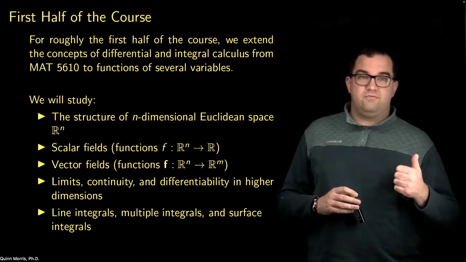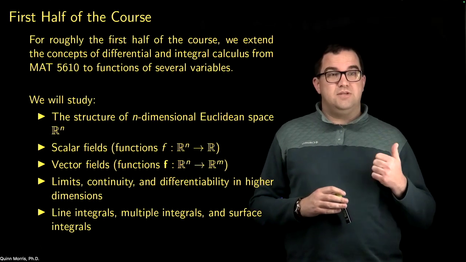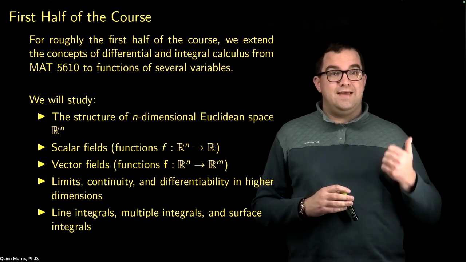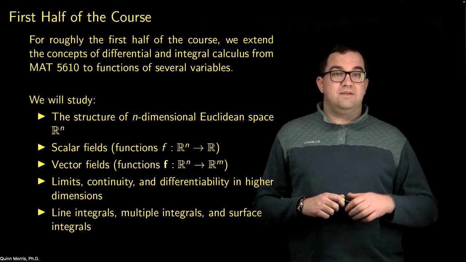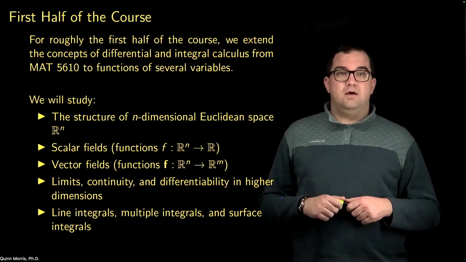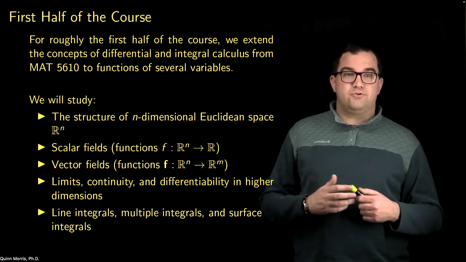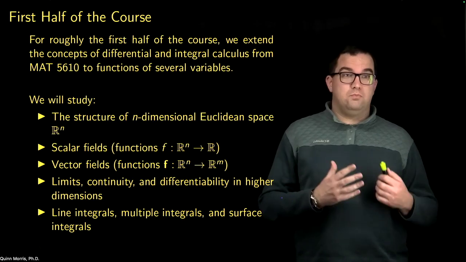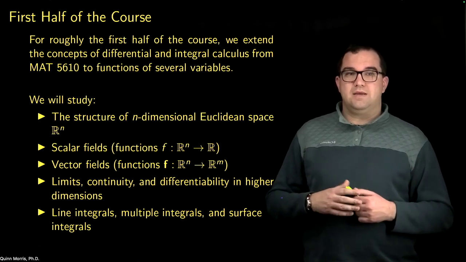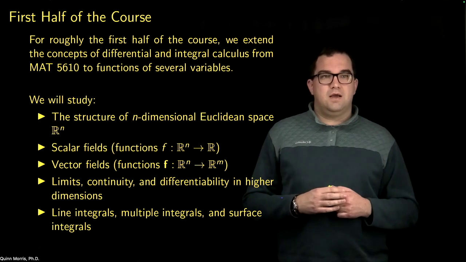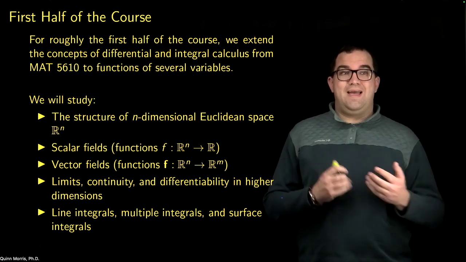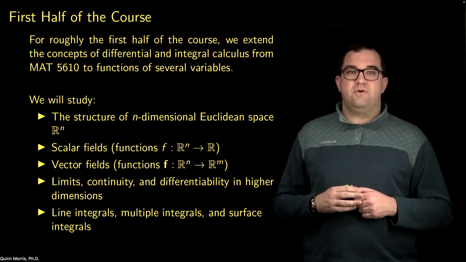So we're going to look first at the structure of n-dimensional Euclidean space, or Rn. We'll look at different kinds of functions of several variables. So we'll look at scalar fields. We'll also look at vector fields. Again, we'll talk more about exactly what those are and how we think about them. And then we want to deal with both differential and integral calculus of those types of functions.